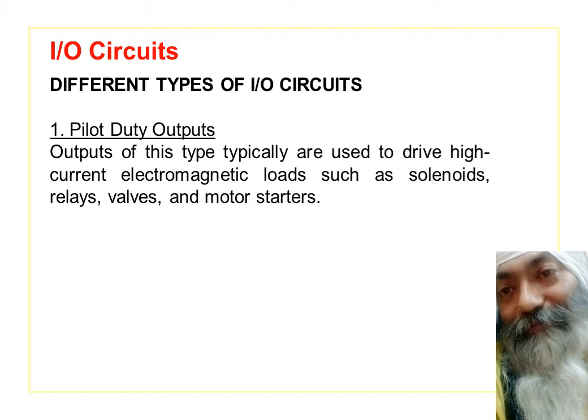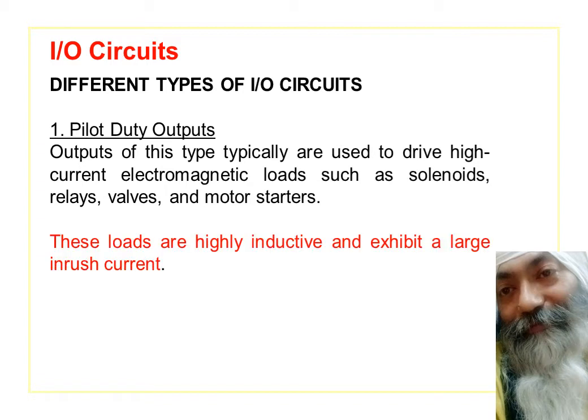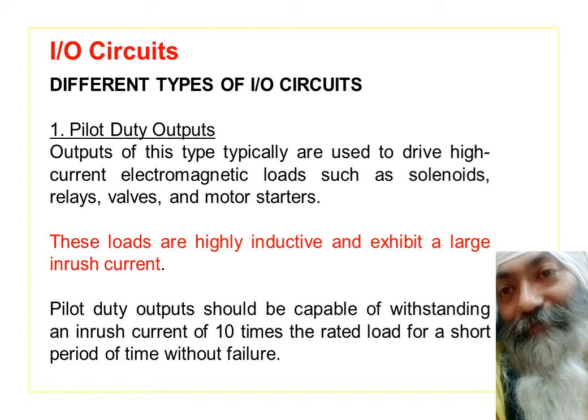So it has some electromagnetic load, and the reason we have pilot duty outputs is that whenever there is electromagnetic load, it has a very high inrush current, startup current is very high, and these loads are primarily inductive in nature. This inrush current can be even 10 times the rated load. So pilot duty outputs should be able to withstand this inrush current for a small period of time without any failure.